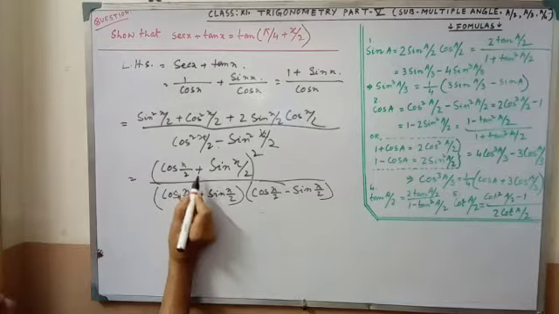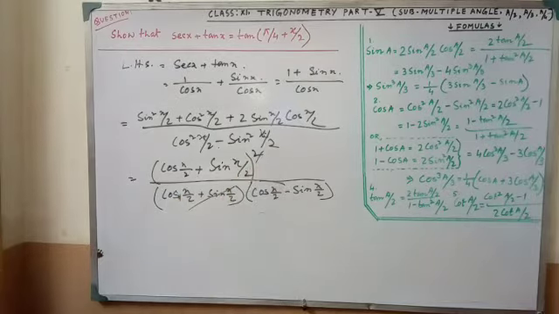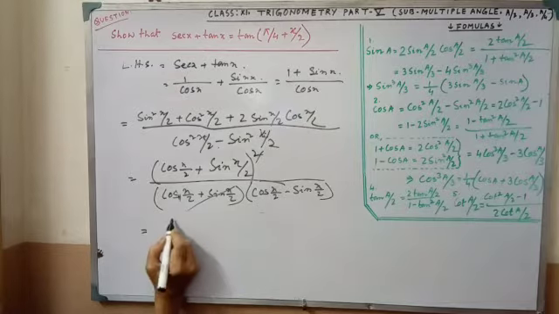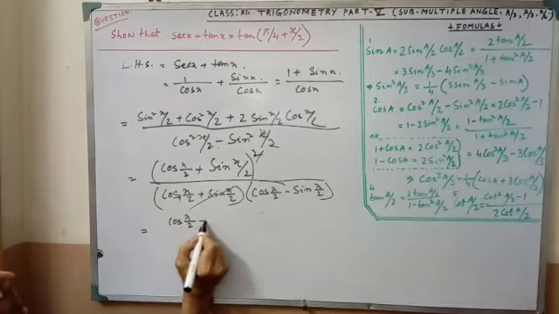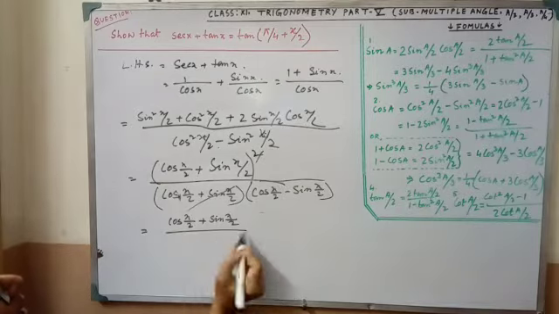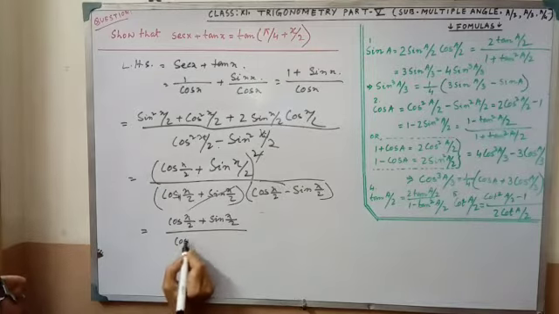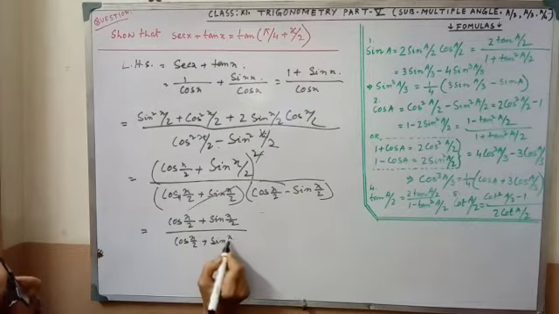Then this is plus and this is also plus, so this and this square will be cancelled. So what is coming? Cos x by 2 plus sin x by 2 by cos x by 2 plus sin x by 2.